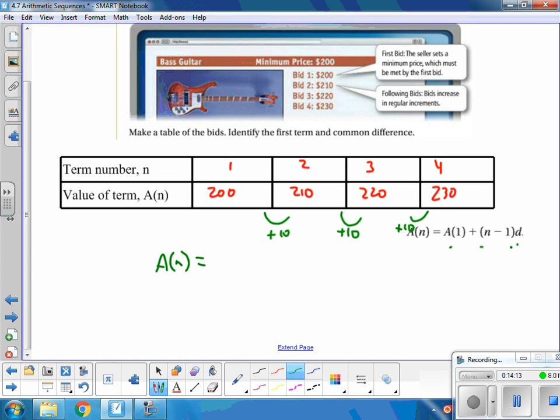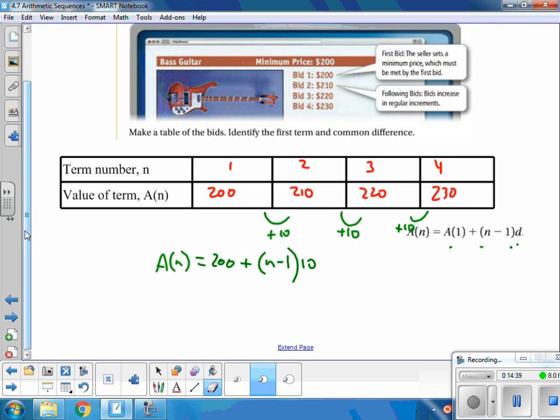A sub n is my formula, which is my first term on this one. We actually know our first term. Our first term is 200. Okay, and I'm going to add it to n minus 1, multiplied by the difference, which is 10.